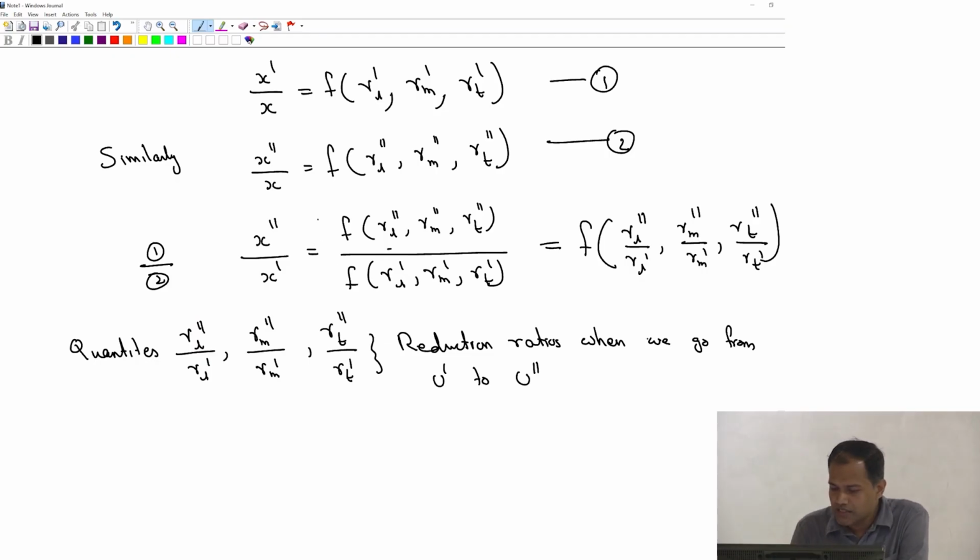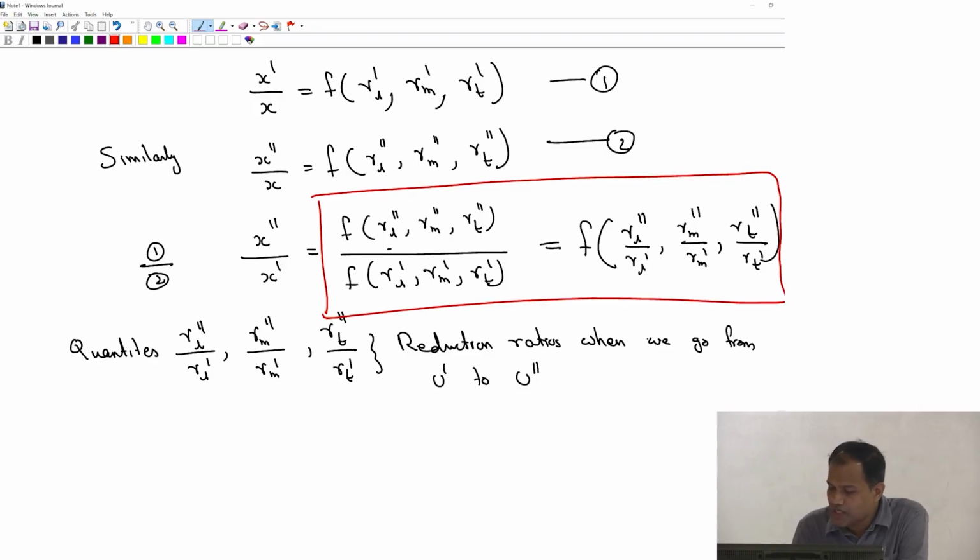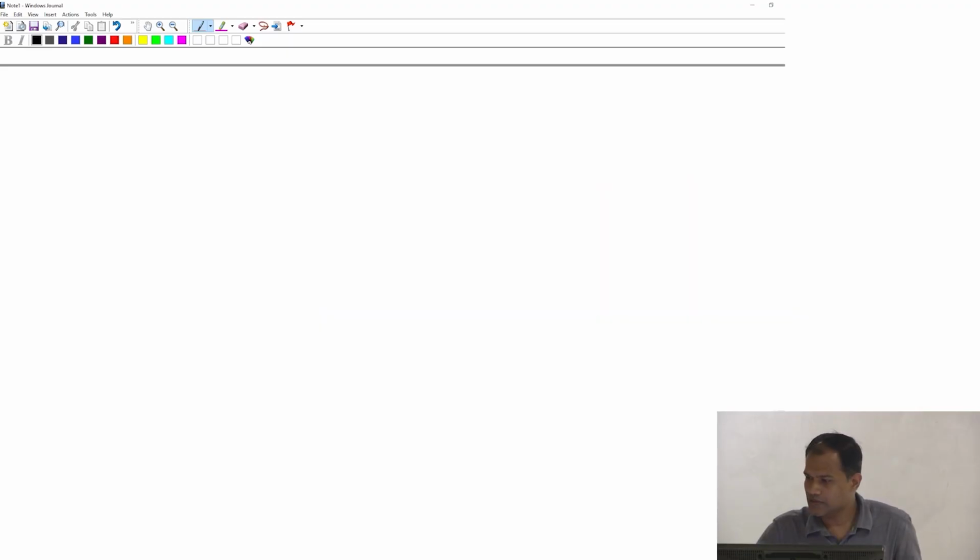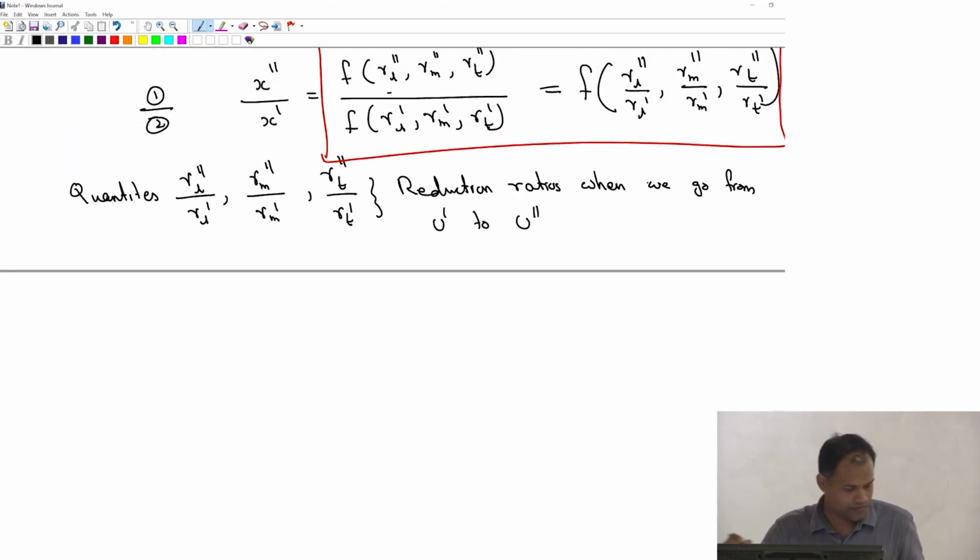Essentially, whether I do the forces and take the ratio, or take each of the components mass, length and time separately and combine appropriately, I am going to get the same ratio, the same number. That is what we have. Okay, any doubts?